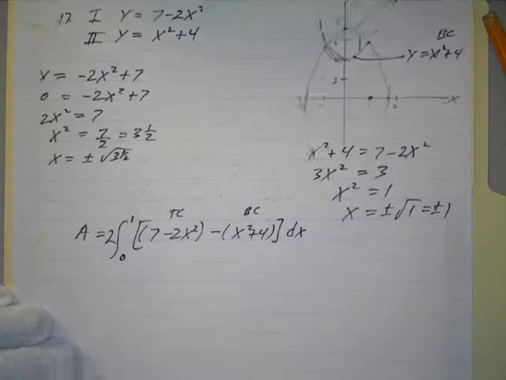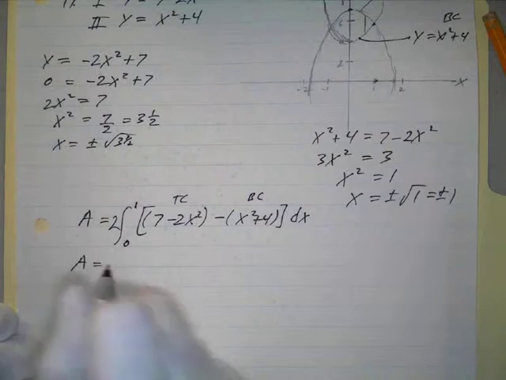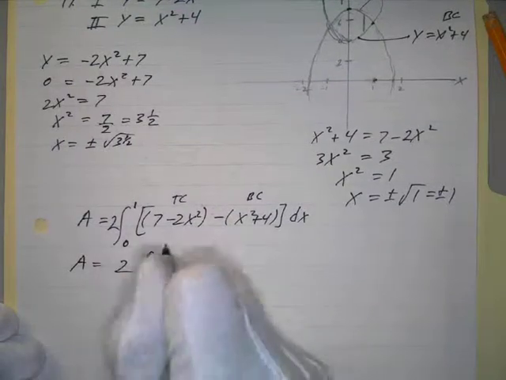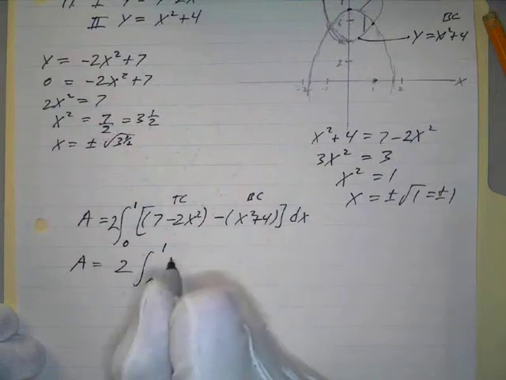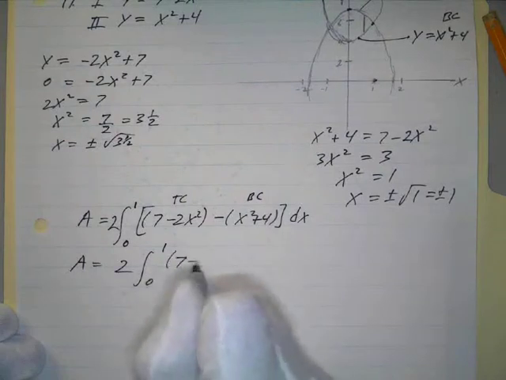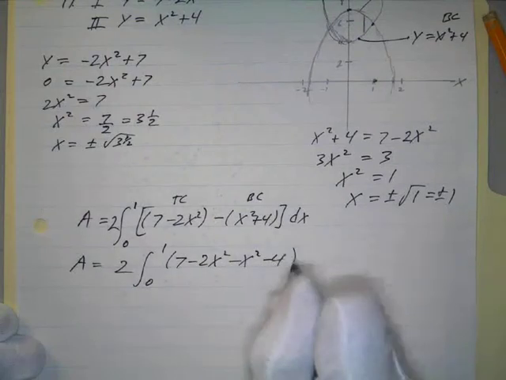And there's your integral to find the area. Now we'll simplify all this as much as we can before we take the antiderivative. And this ends up being 7 minus 2x squared minus x squared minus 4 dx.